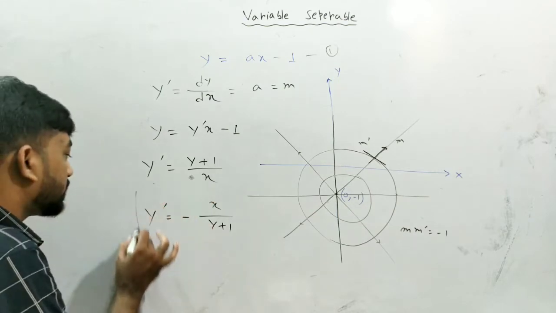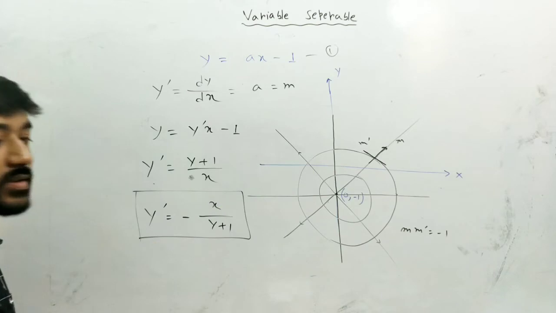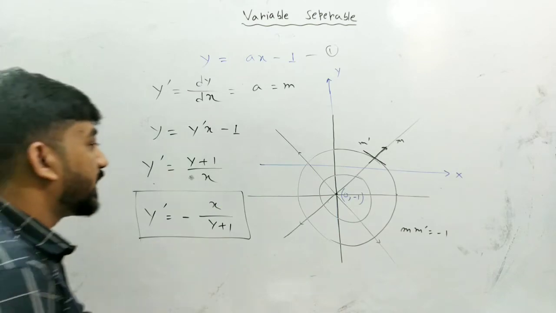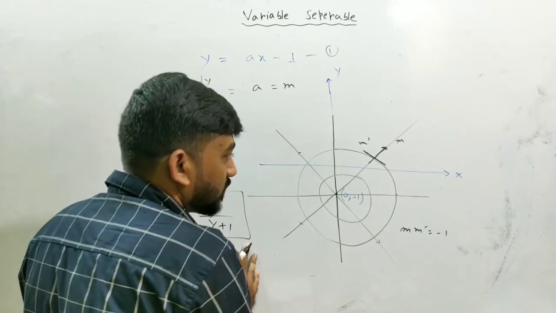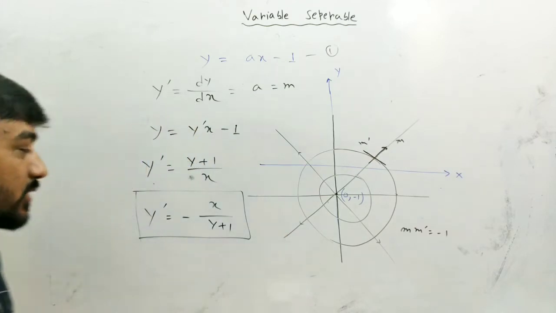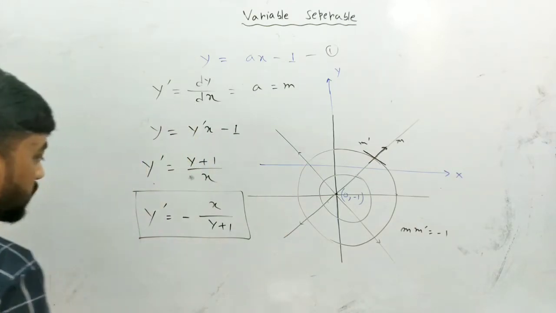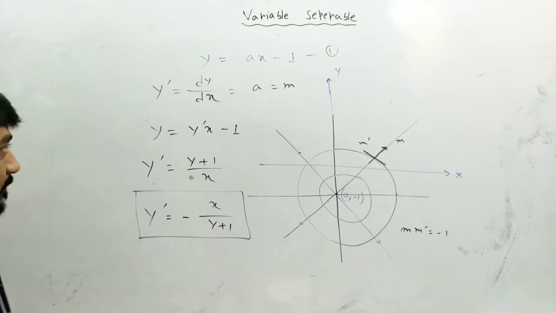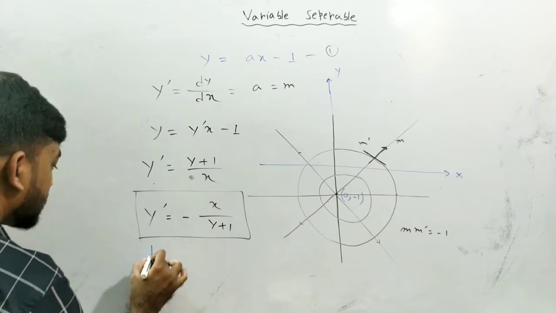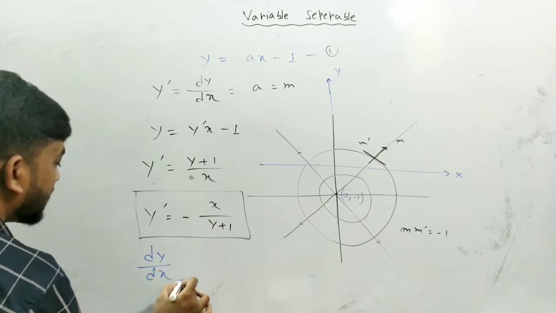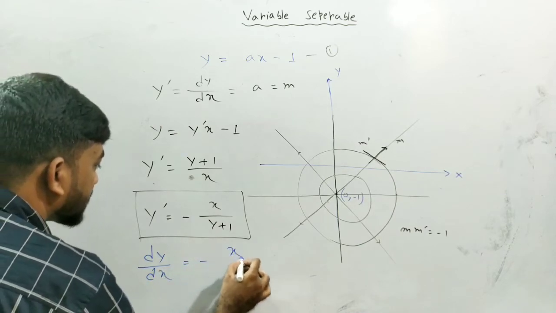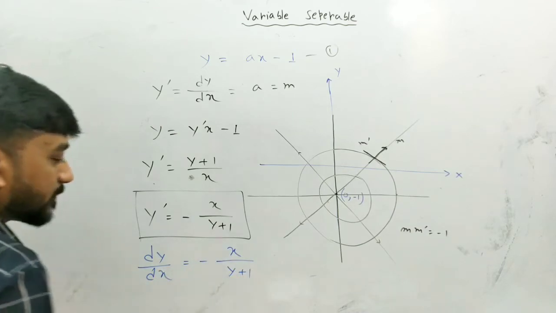Now if you solve this equation, you should get the family of circles. So how can you do it? If you put y dash as dy by dx, then dy by dx is equal to minus x divided by y plus 1.